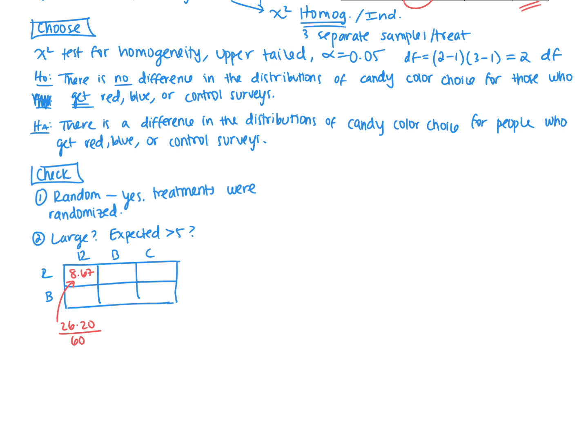And then you would keep going. Are you okay if I just tell you what the rest of them are? Great. This is also 8.67, 8.67, and then 11.33, 11.33, and 11.33. And I do want to see that, yes, these are greater than 5.